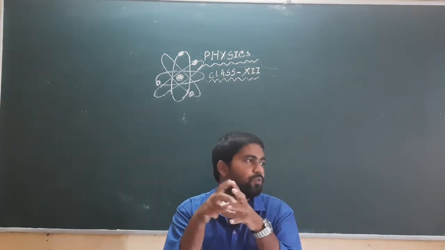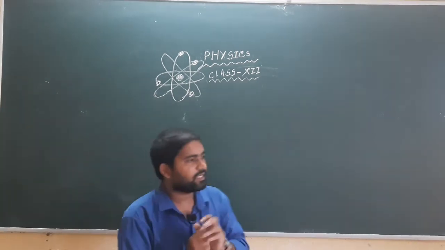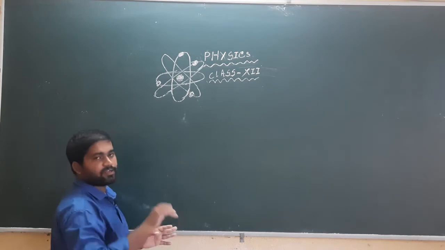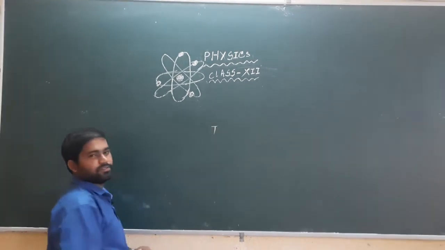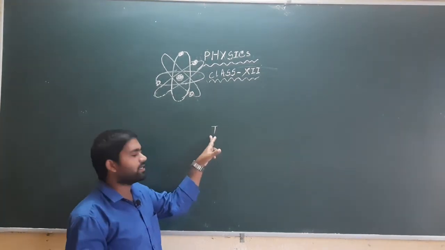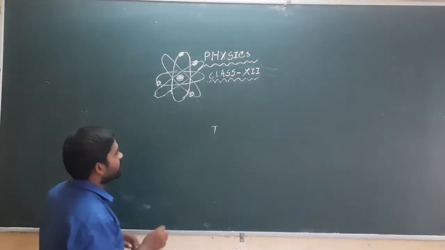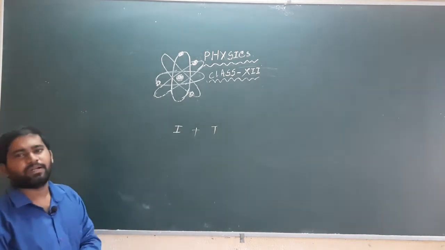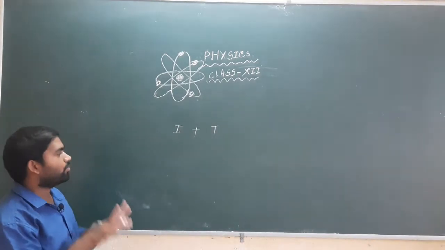Let us take a general scheme of a nuclear reaction, in which there is a collision between the target nucleus, which is a stable nucleus, and a bombarding particle. Suppose we take that bombarding particle as I, the incident particle, or projectile.